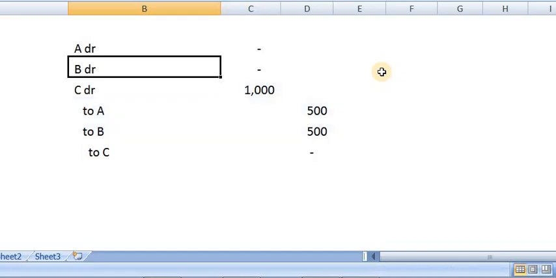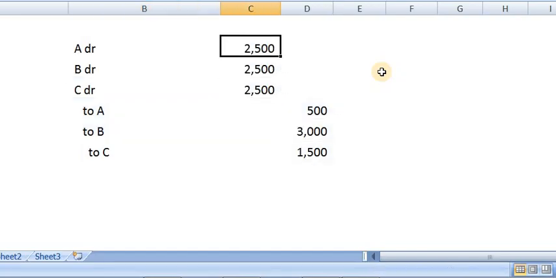That's all. Once again, see this one more time. A has to get 3,000. This is the first step. A has to get 3,000, B has to get 3,000, C has to get 1,500. Step 1. This is clear?